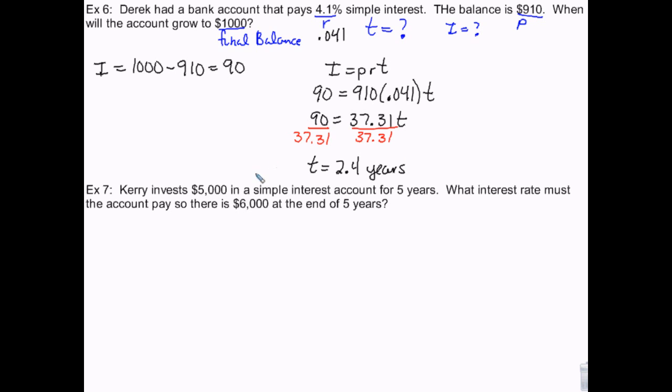Okay, and here we're looking for rate. We don't know rate. Okay, we know time is 5 years. We have principal is 5,000. And we want there to be $6,000 in the account, so our interest is going to be 6,000 minus 5,000, which is 1,000.